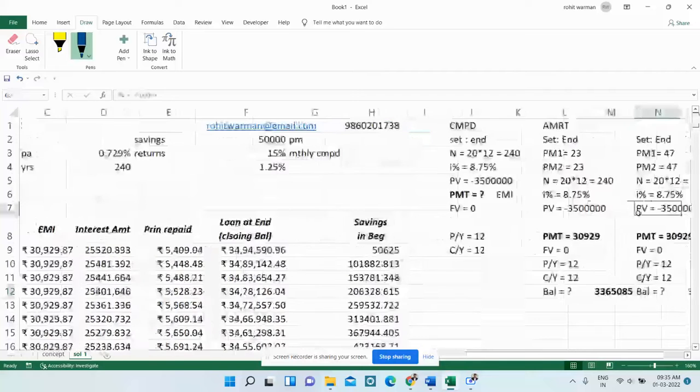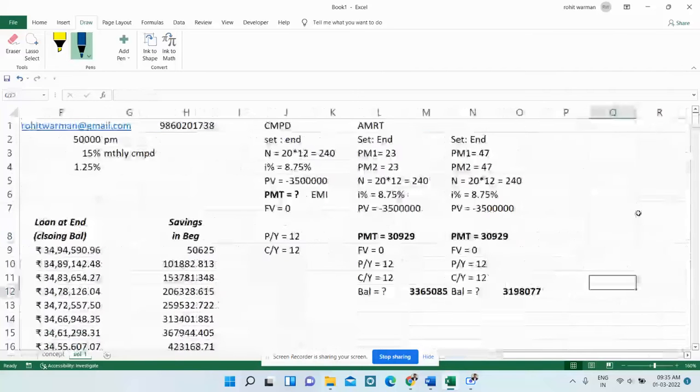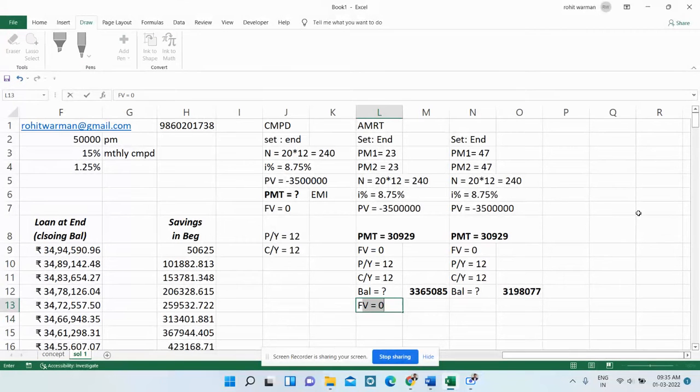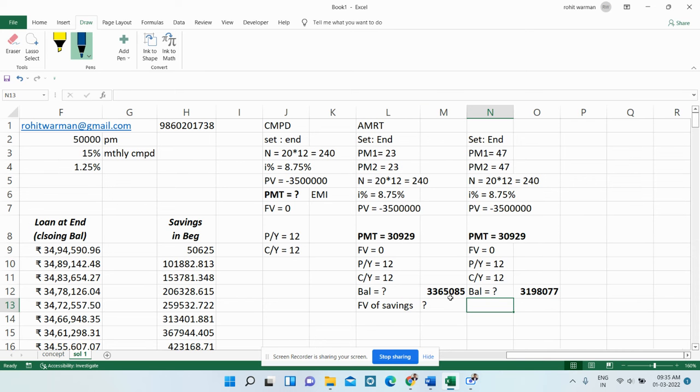That way we have to do trial. If you are using the calculator, we have to even see what the future value of savings is in the respective months. If it matches or exceeds the balance, then that is the answer. You have to find the future value of savings also.